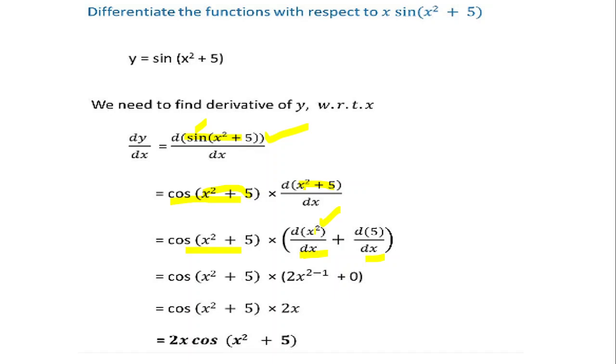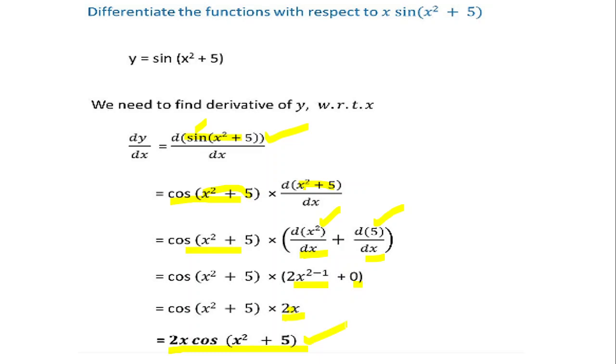We should know the differentiation of x square. We will use the formula n into x to the power of n minus 1. So x square differentiation will be 2x, and constant differentiation is always 0, remember. So the final answer will be 2x into cos of x square plus 5.